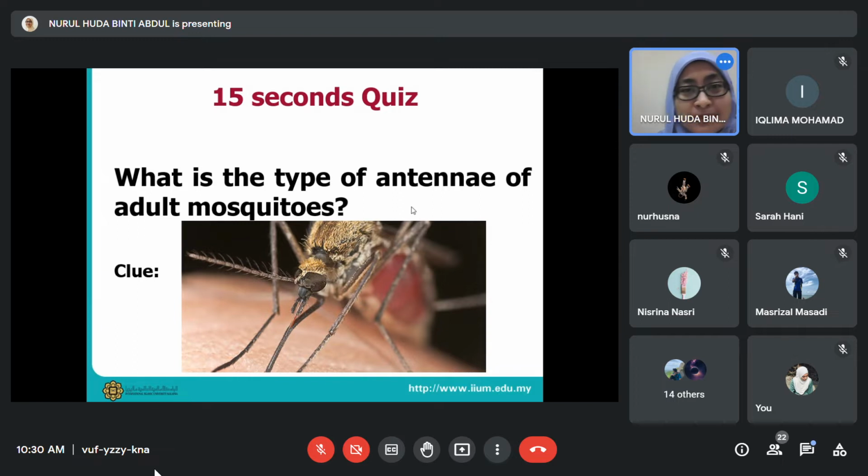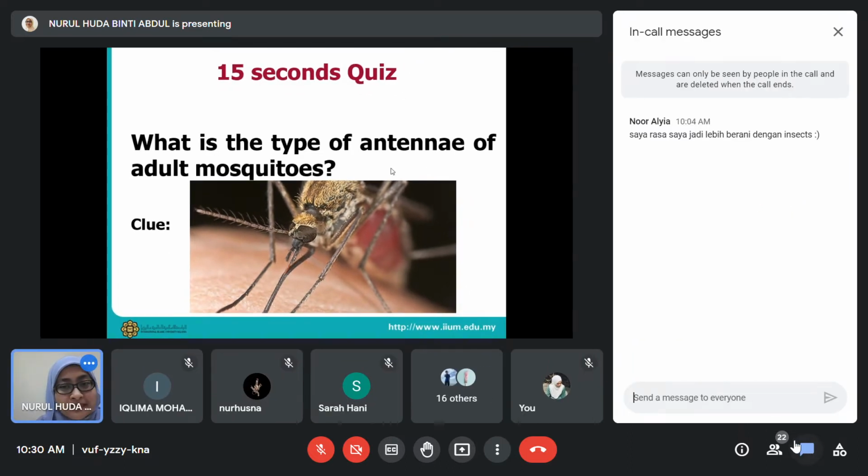So jawab. Remember, you have to type in the chat box. 15 seconds. I keep repeating this one. Tak tahulah, tak boleh jawab juga kan. Cepat, siapa cepat dia dapat 1, siapa lambat dia dapat 0.5. I already mentioned that we have a 15-second quiz in our lecture. It's just that I don't say which lecture we have the 15-second quiz, so you have to be alert lah.